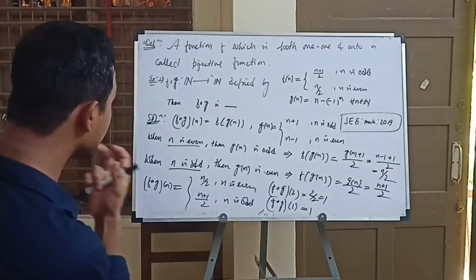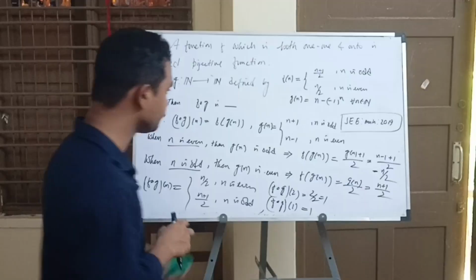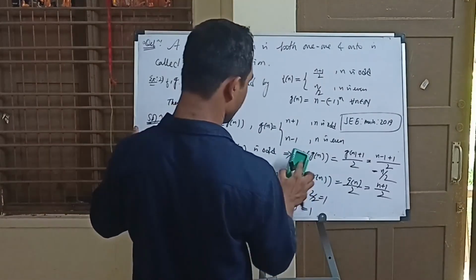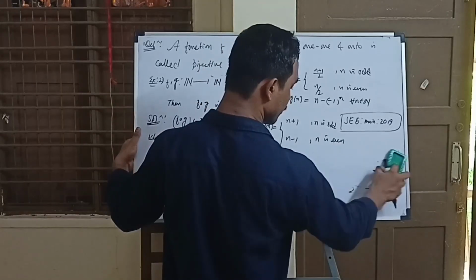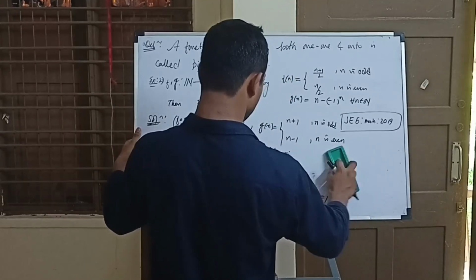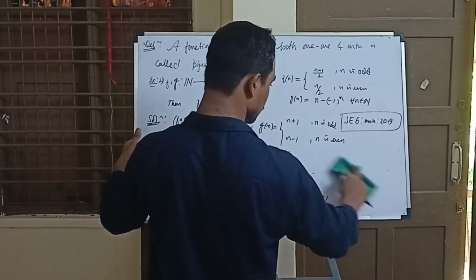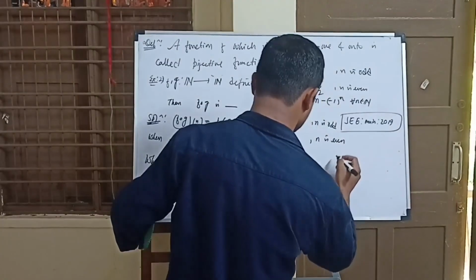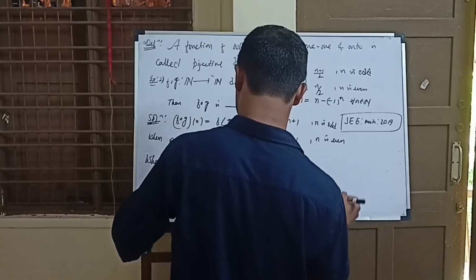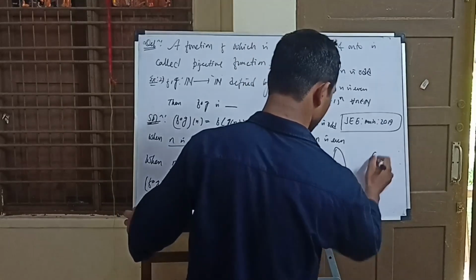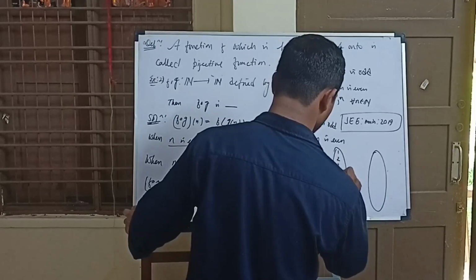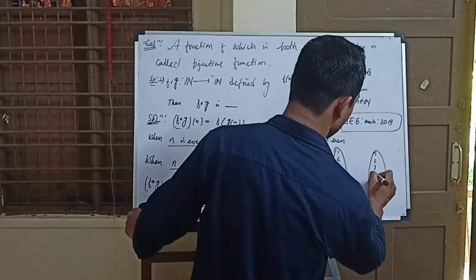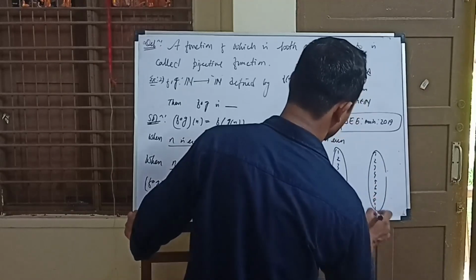Now we will check whether this function is onto or not, correct? I will erase this part for checking the onto condition. Let me draw a pictorial diagram here: 1, 2, 3, 4, 5, 6, 7, 8 on both sides.